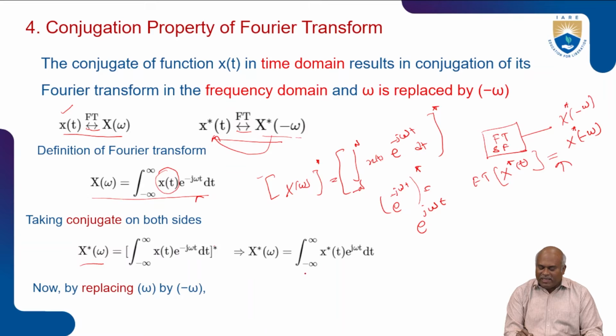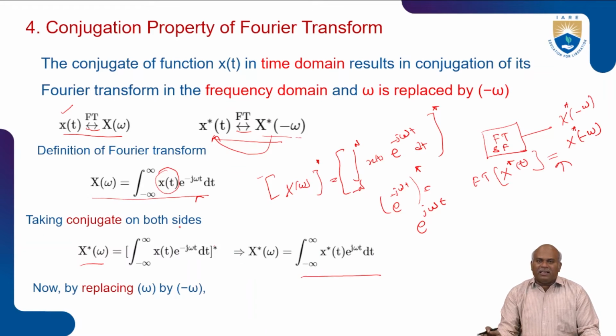So what happens if we take the conjugate of the input side of the Fourier transform? It converts to the integration from minus infinity to plus infinity of x star of t times e to the power of j omega t dt, as per the conjugate property.